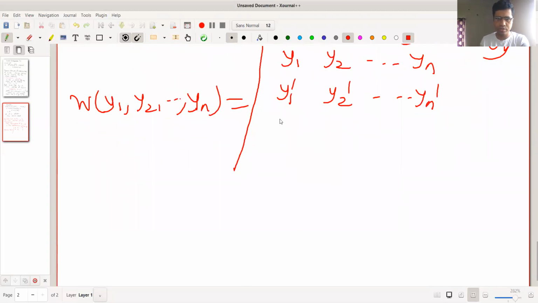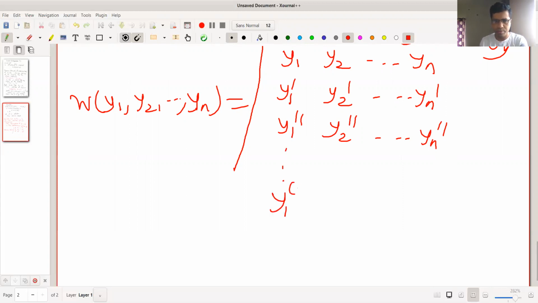The third row is y1 double dash, the second derivatives, and so on. We continue up to the derivative of order n minus 1.